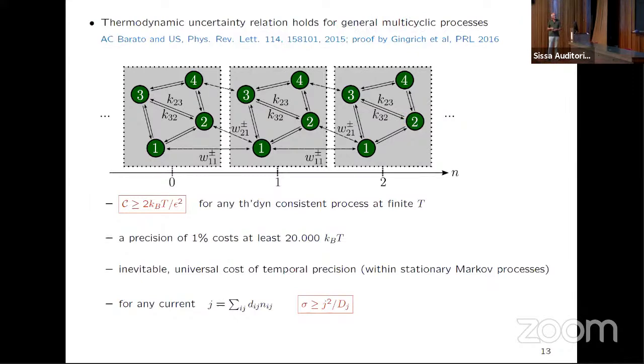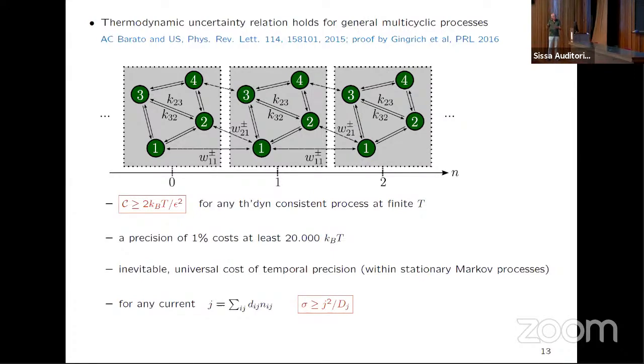The result is that this relation between cost and uncertainty is true for any process modeled as a stationary Markov process at finite temperature. And now if you want, for instance, a precision of 1%, you have to pay at least 20,000 kBT. And from this, you get this number I quoted for the watch.